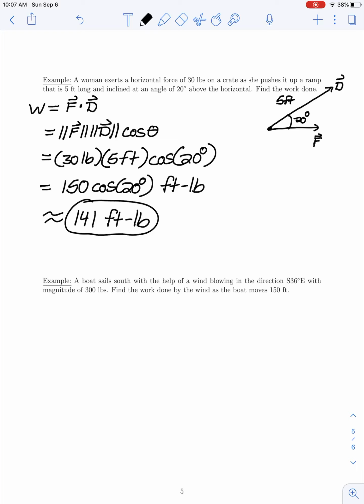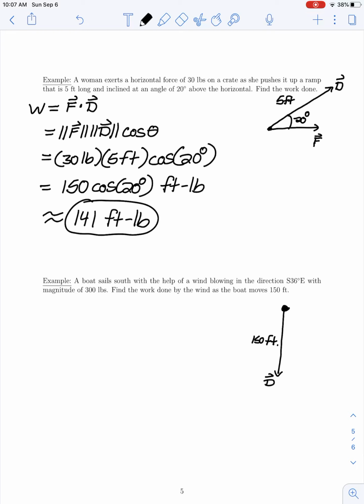So again, let's try to sketch a little diagram here to illustrate this. So we have a boat which is traveling south. We were told a total distance of 150 feet. So this is going to be our displacement vector as the boat travels from its starting point 150 feet south.